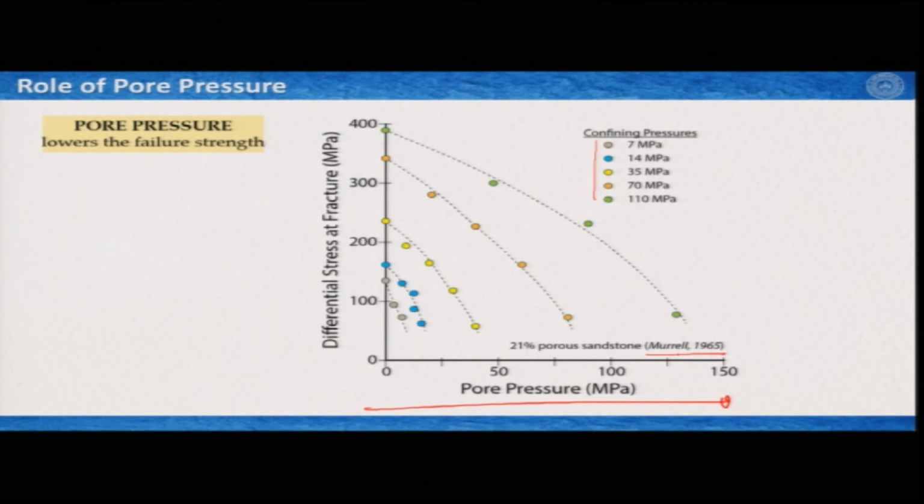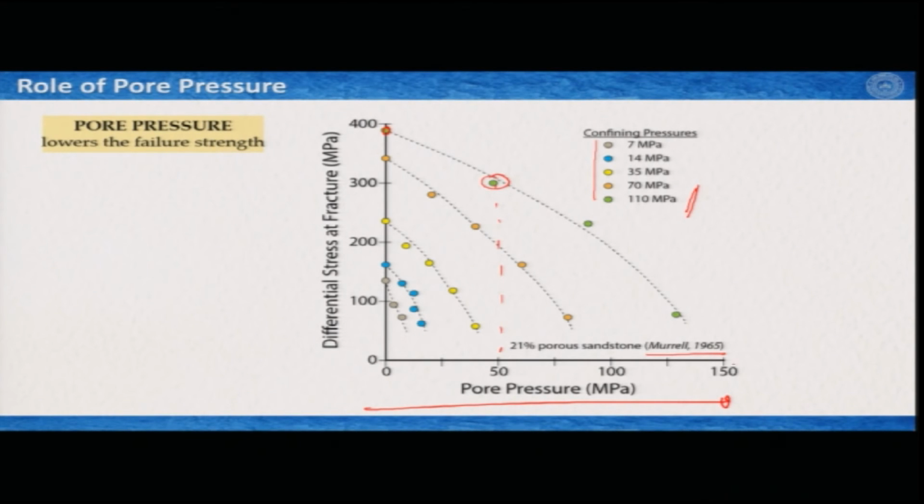So, what we see, for example, if I take this green circle where the confining pressure was 110 megapascal, at 0 pore pressure the strength was extremely high, close to 400 megapascal, but close to 50 megapascal pore pressure the strength reduces to 300 megapascal.